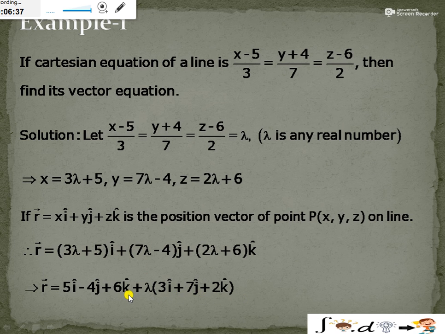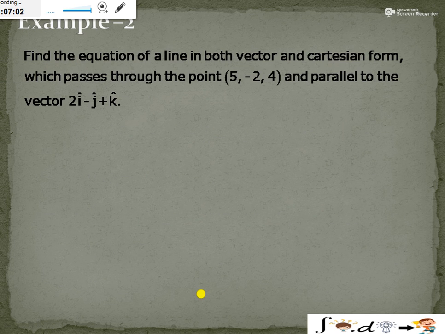This is the required equation of the line in vector form. What is the fixed point? The position vector of the fixed point is 5i minus 4j plus 6k, and it is parallel to the vector 3i plus 7j plus 2k. Is it clear? And now see the second example.